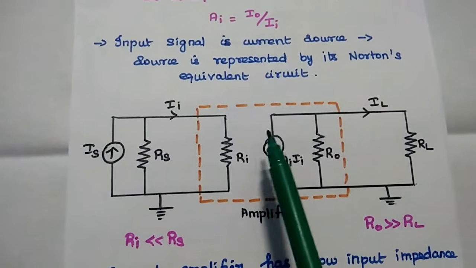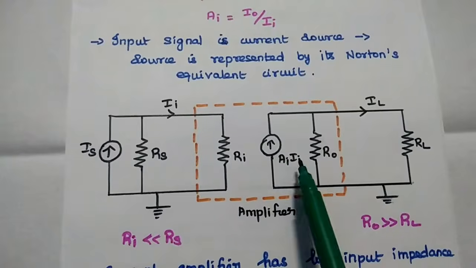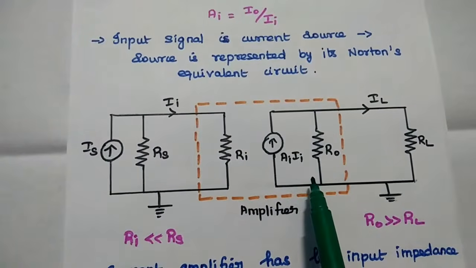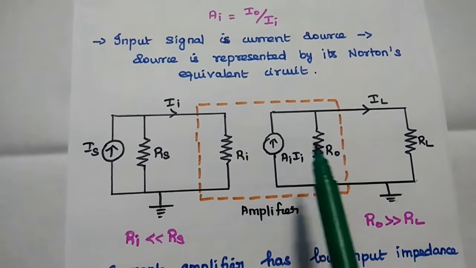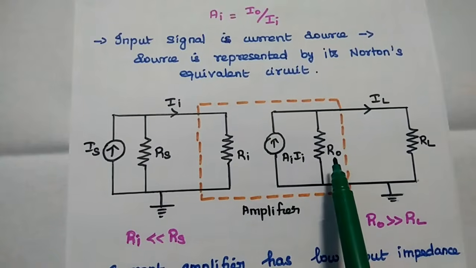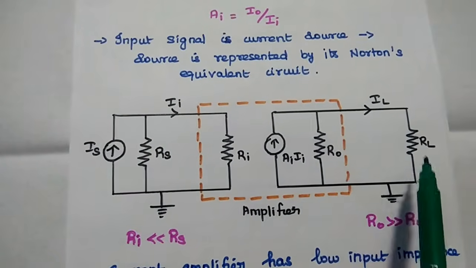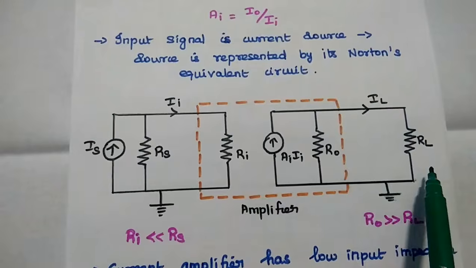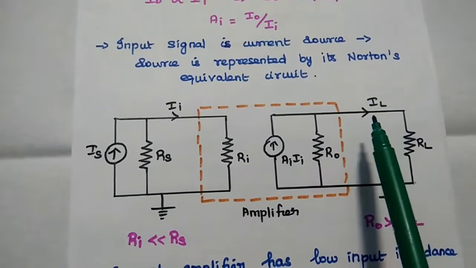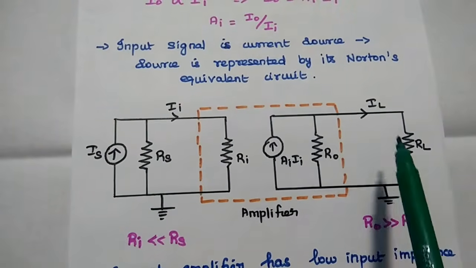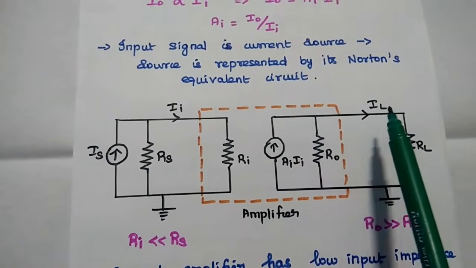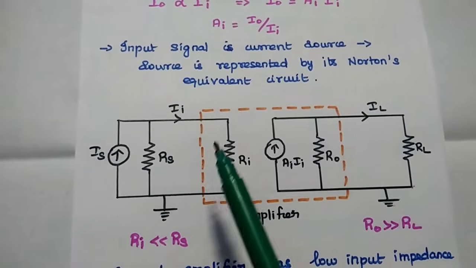Since we are using this current signal at the output side of this amplifier, we can use Norton circuit in this one. So this current source in parallel with this output resistance and then the load resistance. In this amplifier, we are going to get the current through this resistance. So here the output current is IL, input current is II.